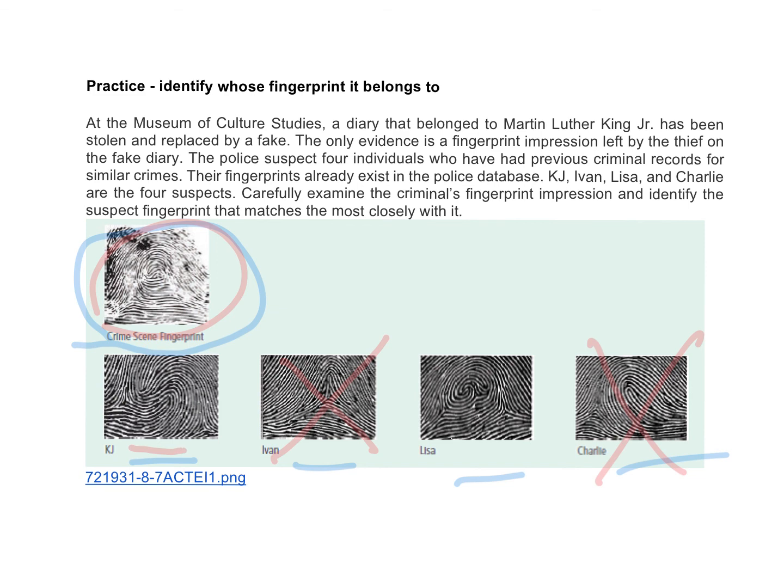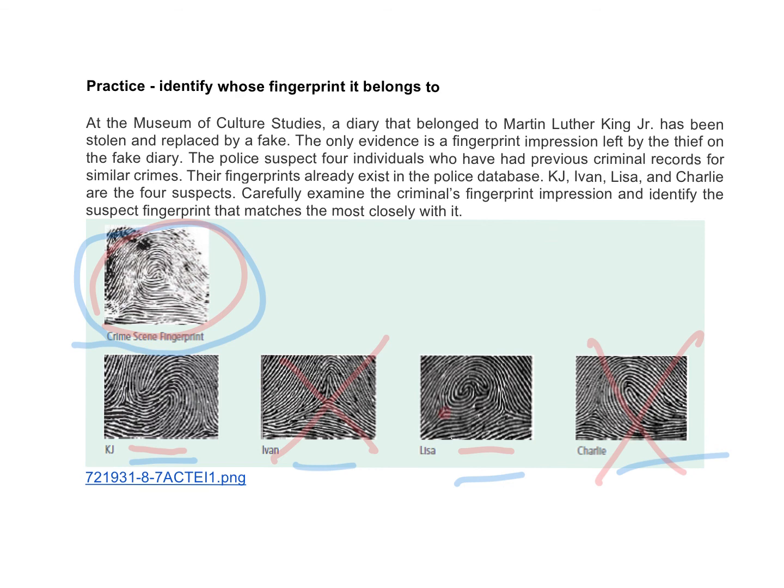KJ is a double loop. Lisa is an accidental whorl. So when you look at the crime scene, I'm trying to figure out where's the delta.